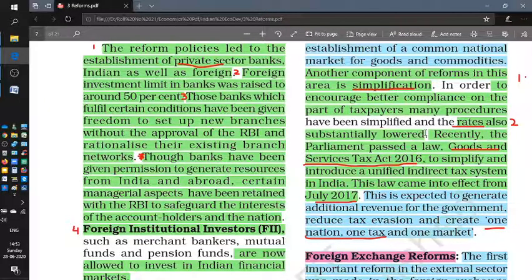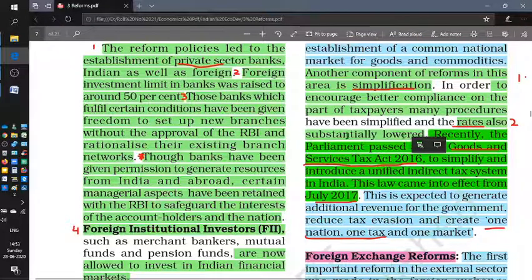And another important historic moment in India, in 2017, is the Goods and Services Tax, which was actually passed in 2016.